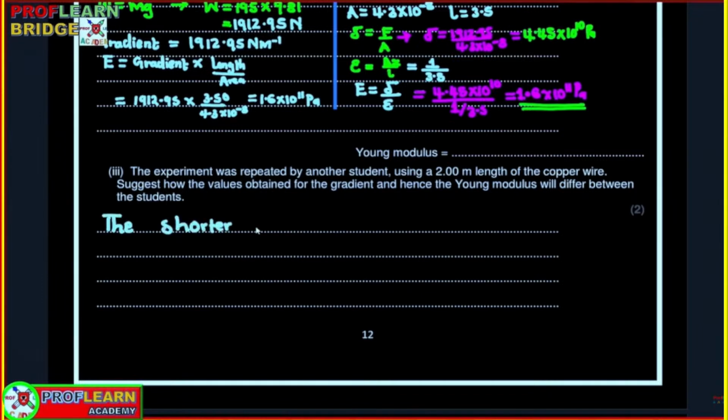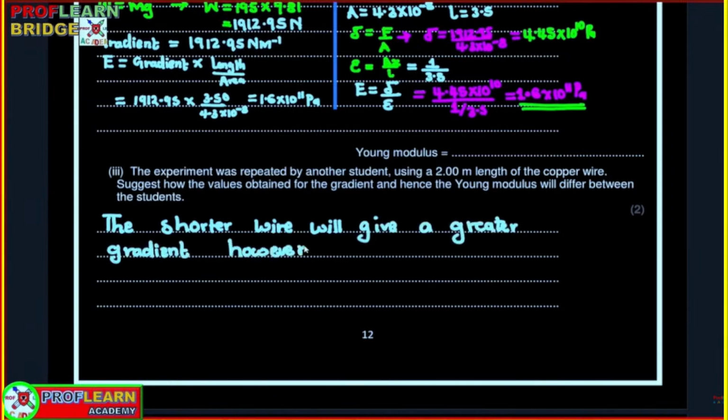We need to understand that a shorter wire will give a greater gradient, because with a shorter wire we are going to have a small strain. Strain is delta x over the original length, but the original length of the wire is now going to be 2, which is shorter. So that's why we are saying a shorter wire will give a greater gradient.